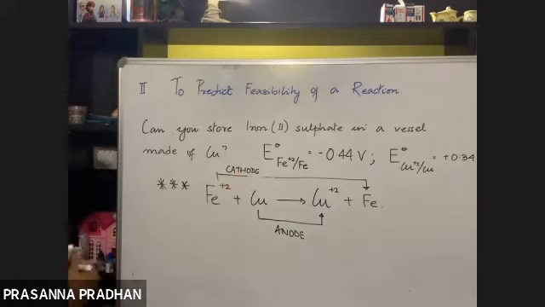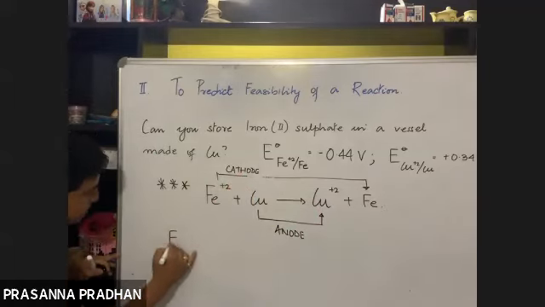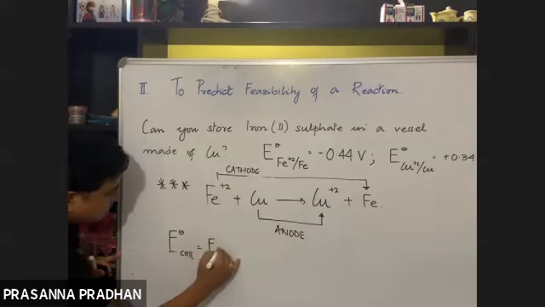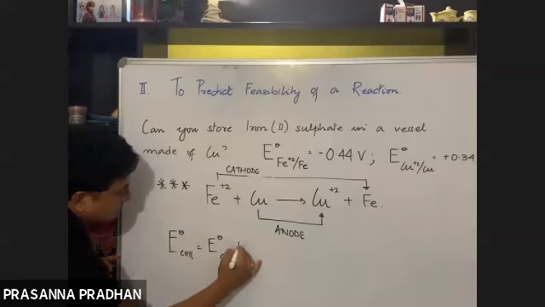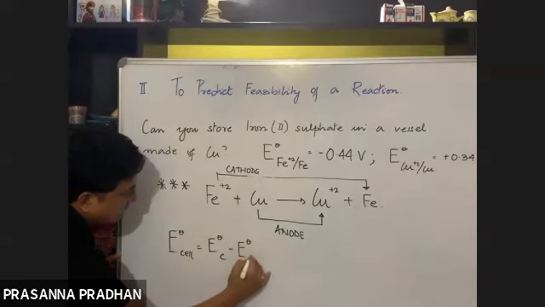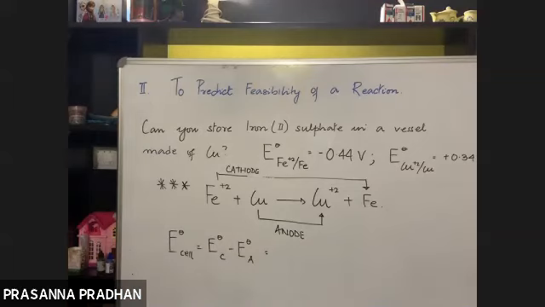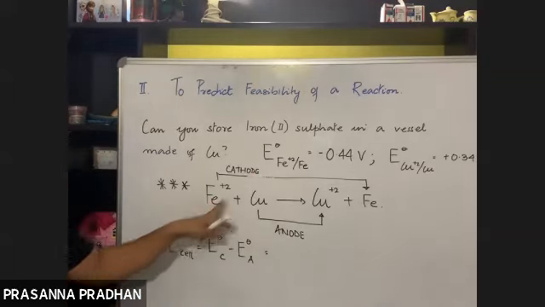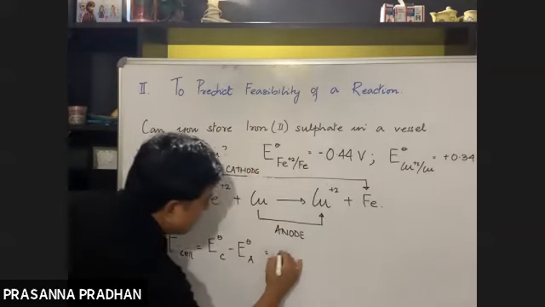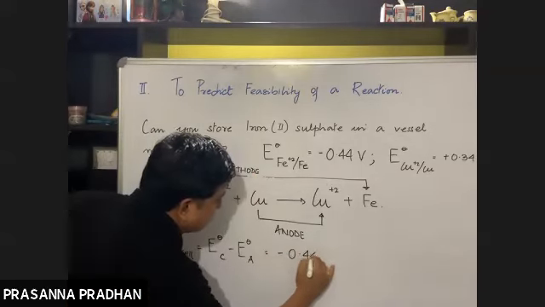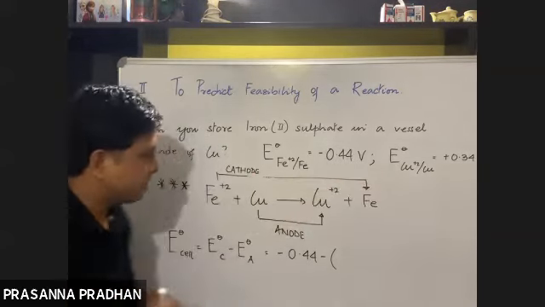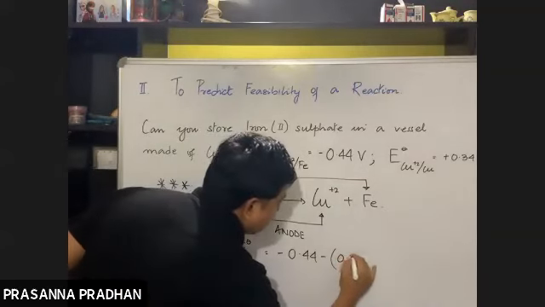Now let me calculate the E° cell. E° cell equals E° cathode minus E° anode. Now which will behave as a cathode? Iron. What is the value? Minus 0.44 volt. And which is behaving as an anode? Copper. What is the value? 0.34 volt.